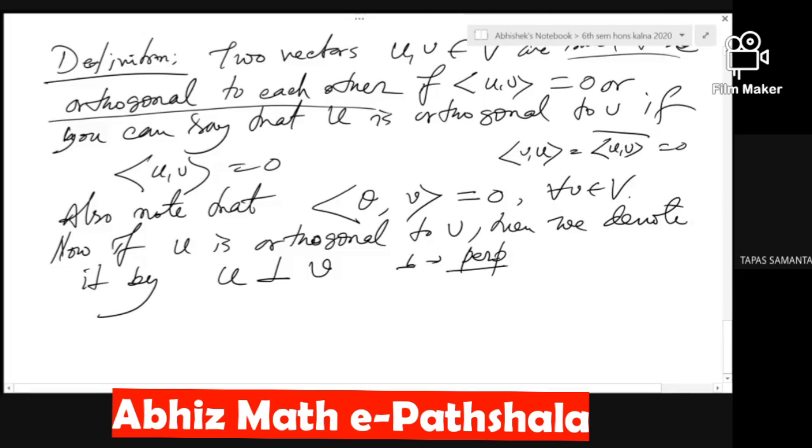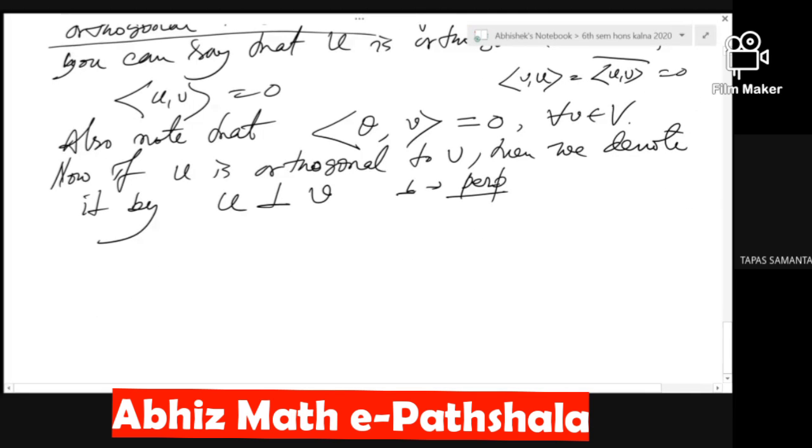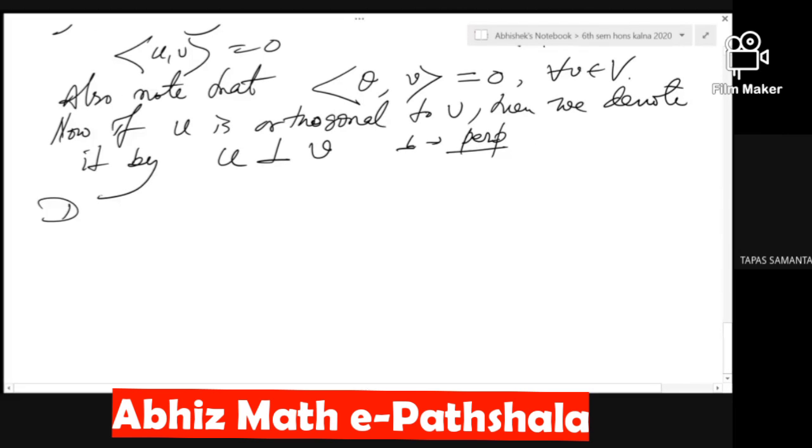So this is the notation. And from that you can write down that theta is perp to every vector. Theta is orthogonal to each vector. The next definition is like that.